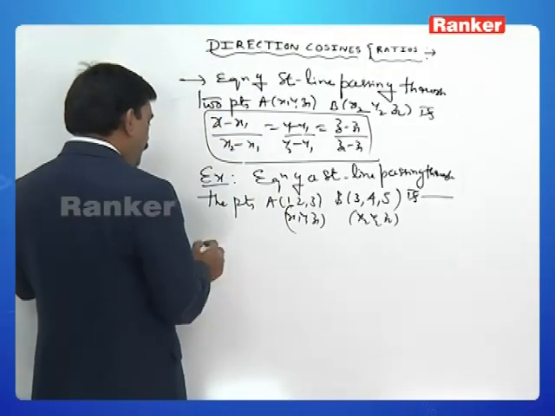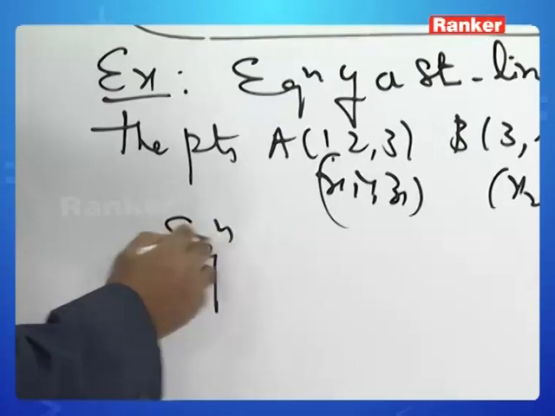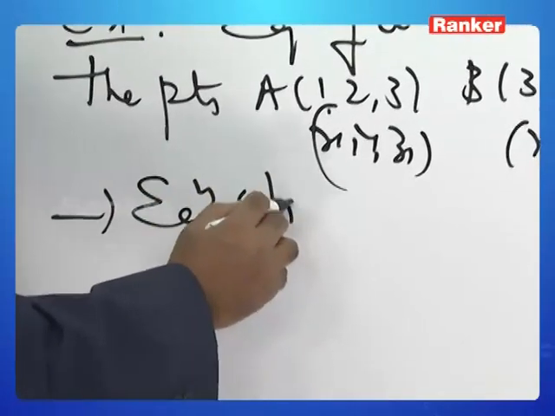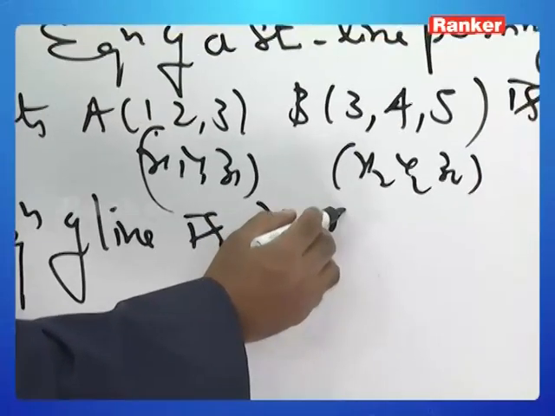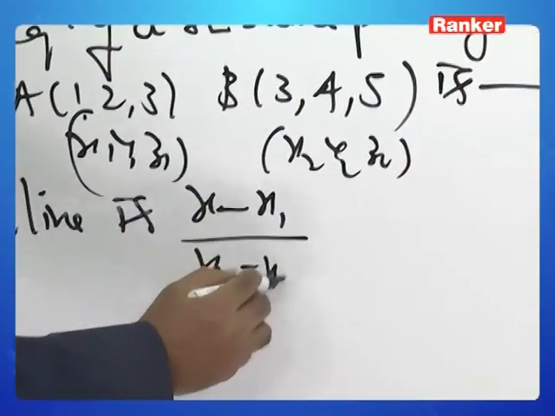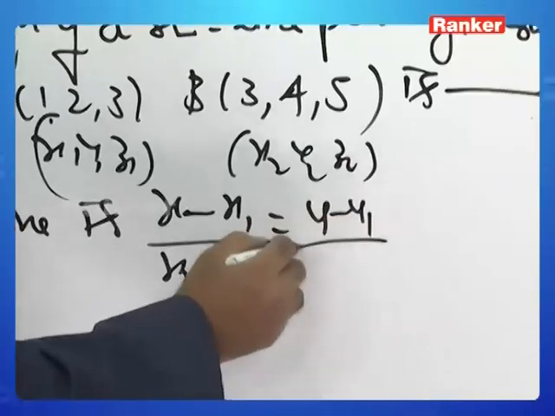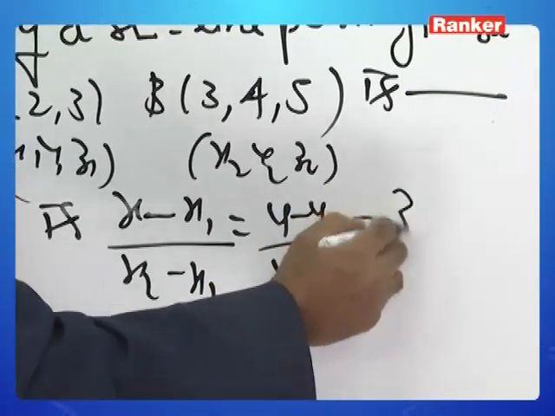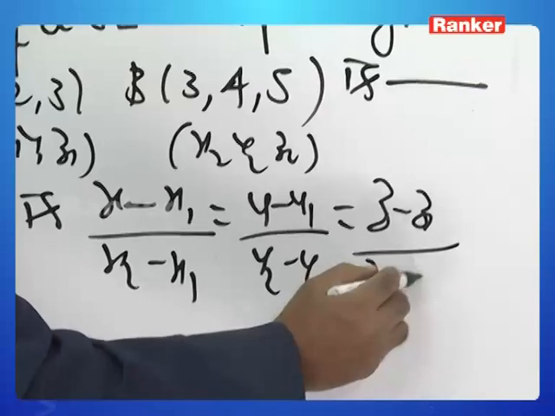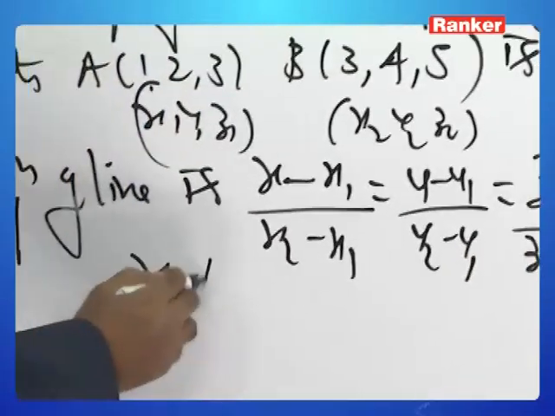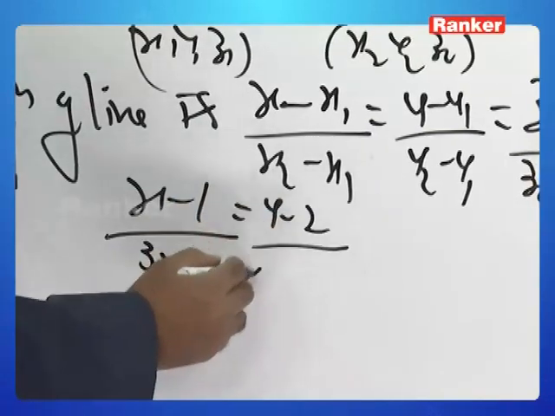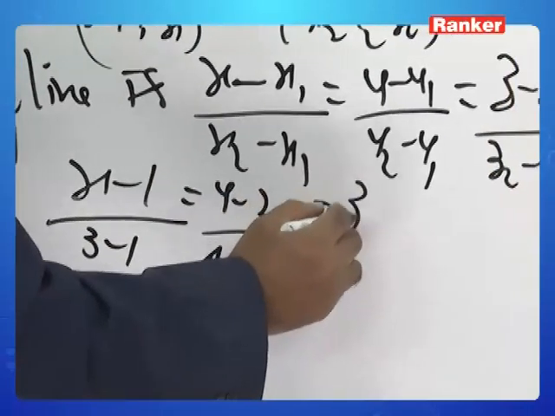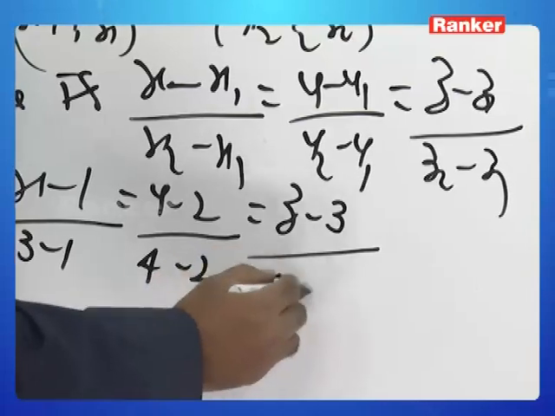So now I can write the equation of line as (x minus x1) by (x2 minus x1), (y minus y1) by (y2 minus y1), (z minus z1) by (z2 minus z1). Just substitute: (x minus 1) by (3 minus 1), (y minus 2) by (4 minus 2), (z minus 3) by (5 minus 3).